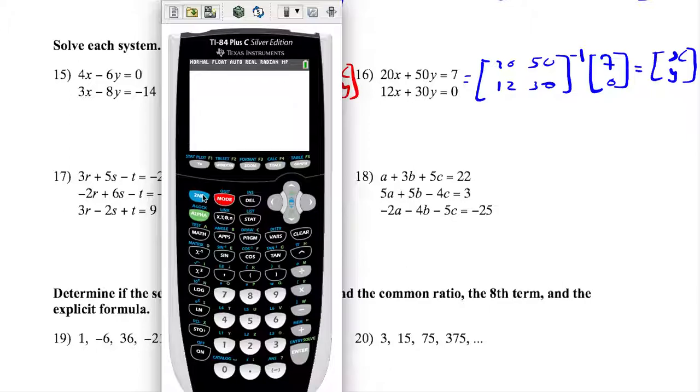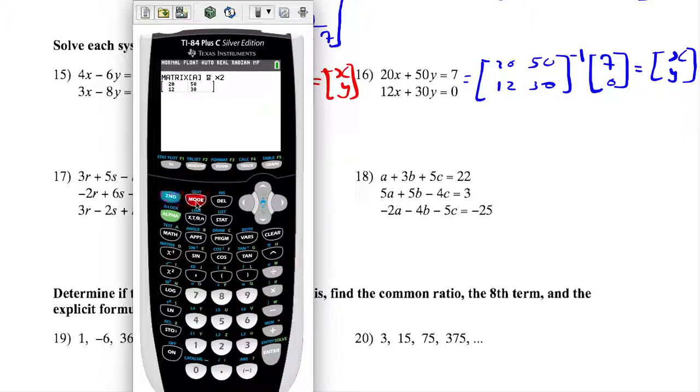So now if I actually type in that same value, uh-oh, what happened here? Actually, I think I mistyped something. Oh, no, actually, I didn't.